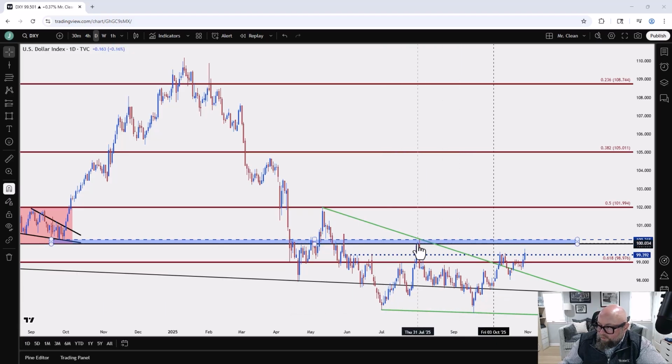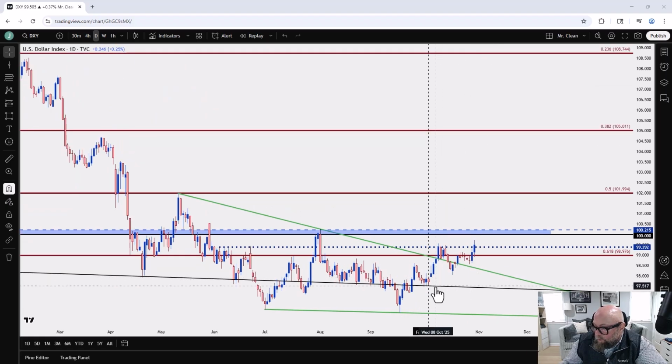Now, on pullbacks, bears have still been happy to take a shot, leading to these lower highs that have eventually broken. That break happened starting with the Fed's rate cut on September 17th. And as I looked at in that last video, we had this higher low that was holding in right in here, ended up remaining as a higher low, and that led into a fresh higher high, which led to another higher low, and then another higher high.